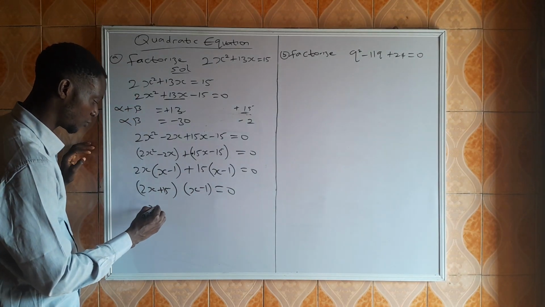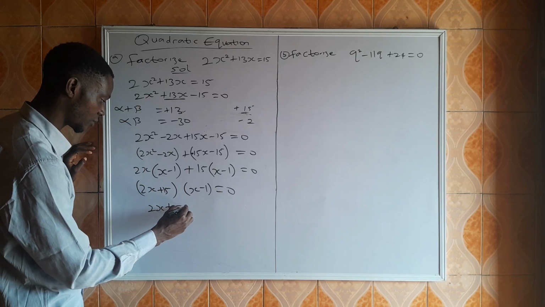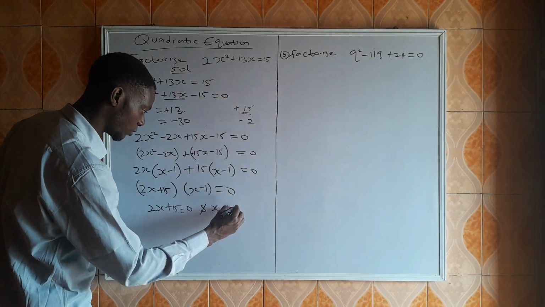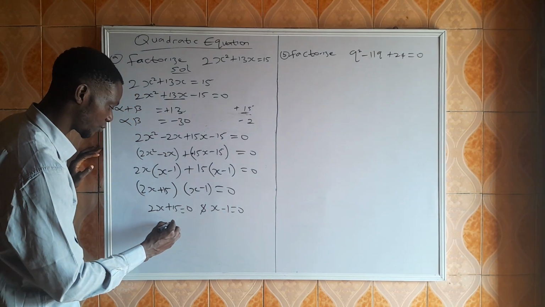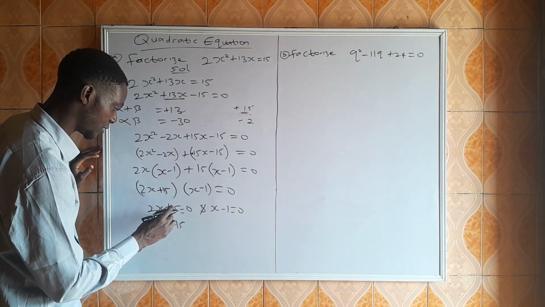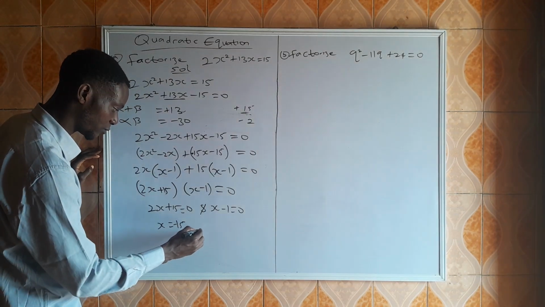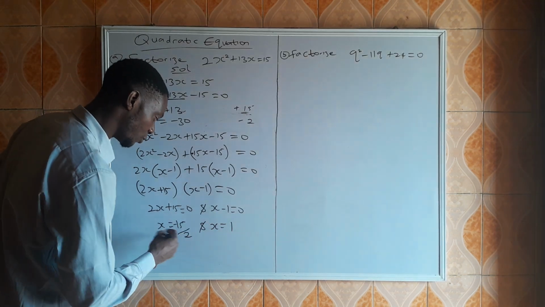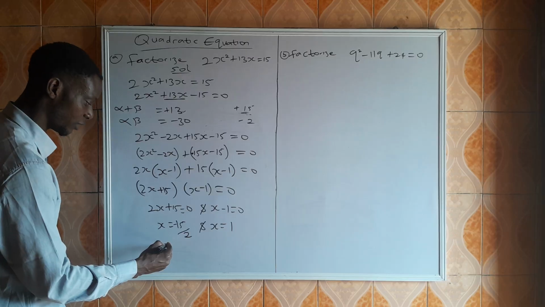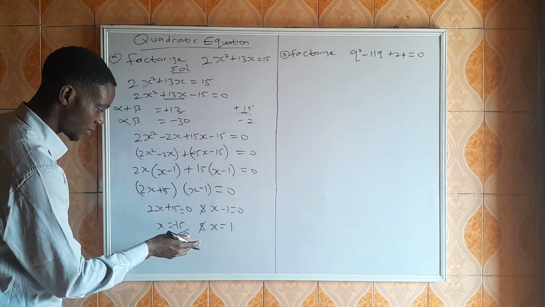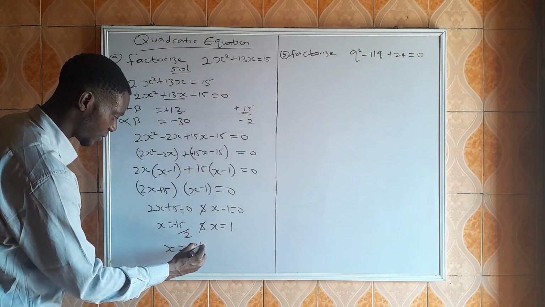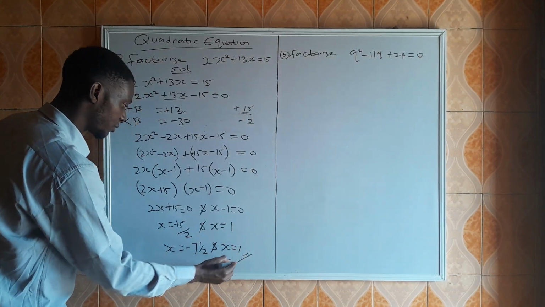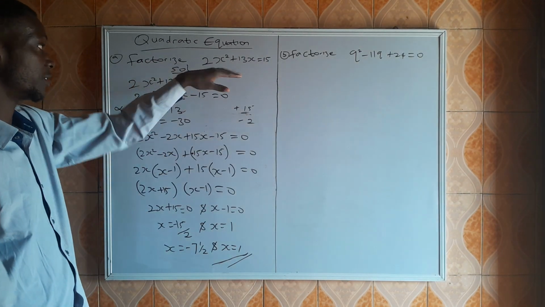So the two equations will be 2s plus 15 equals 0 and s minus 1 equals 0. So s is minus 15 over 2 and s is equal to plus 1. You can still bring this down further, so it will be minus 7 1 over 2, and s equals 1. So these are the two values for this expression.